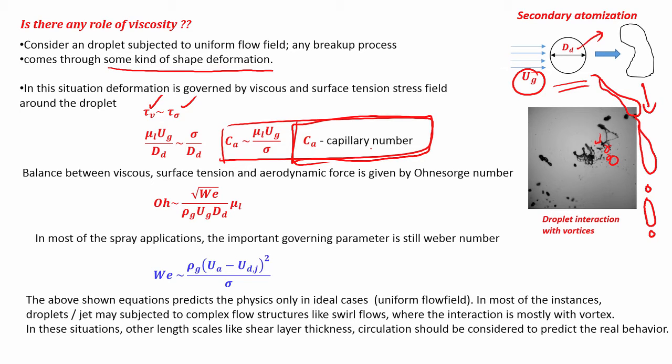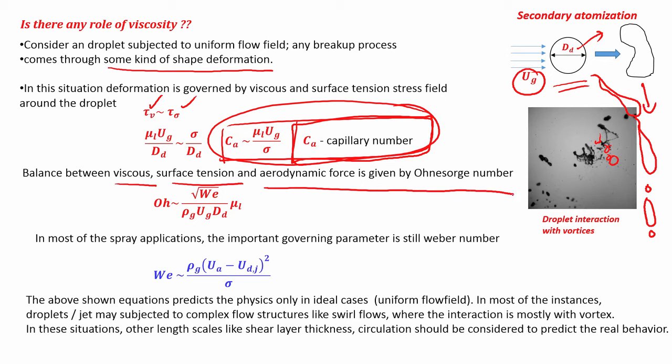Normally they are very small numbers to begin with. This is between the family essentially, between viscosity and surface tension, what they are actually doing to restore the droplet back. But the balance between viscous, surface tension and aerodynamic force, all three combined, is given by a number called the Ohnesorge number.